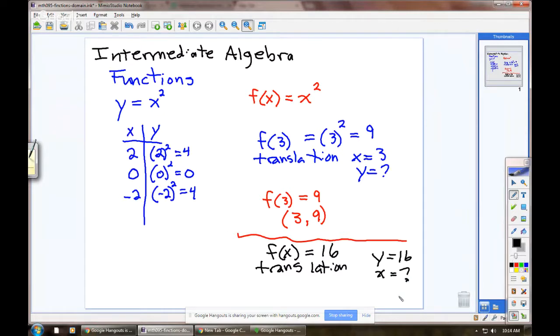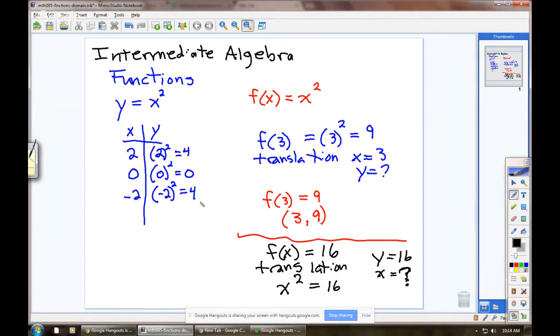That's always a harder problem. That's a question mark, by the way. That means I have to solve the equation x squared equals 16. I'm not going to solve that right now. I'm just making a note of the different ways I can use the notation.